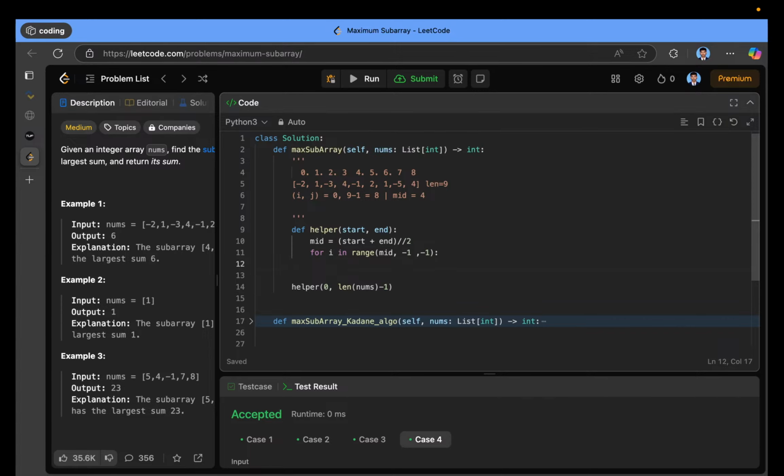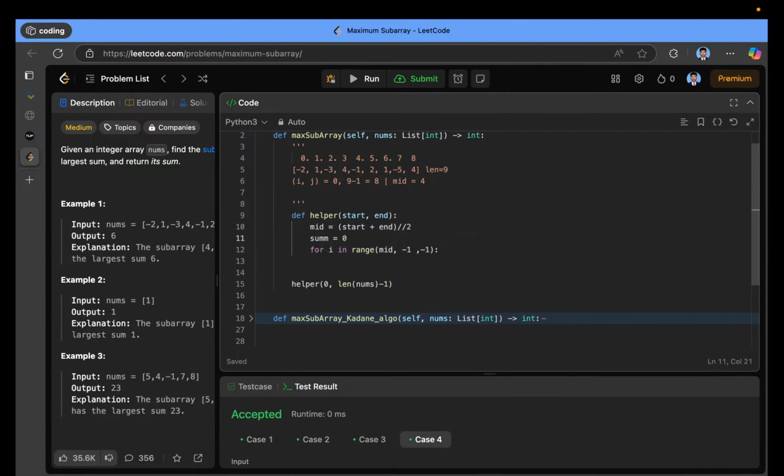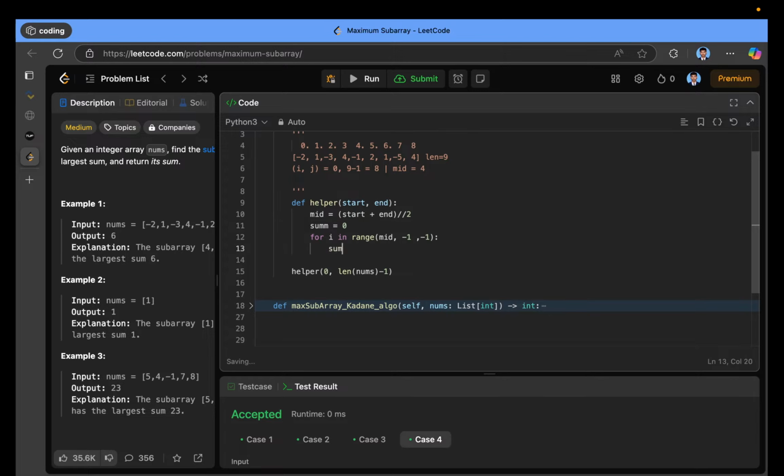Let's see. Now for i in range from mid down, I have to make one more variable: sum is equal to 0.